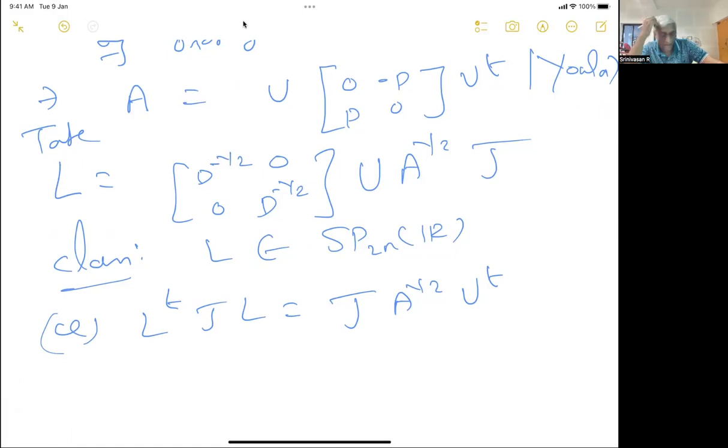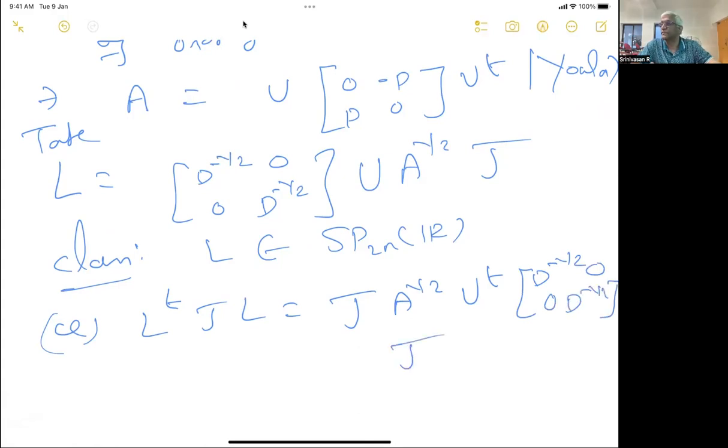Okay, this will also work. So U transpose, then D power minus half, 0, 0, D power minus half, right? Then there is a J inside.